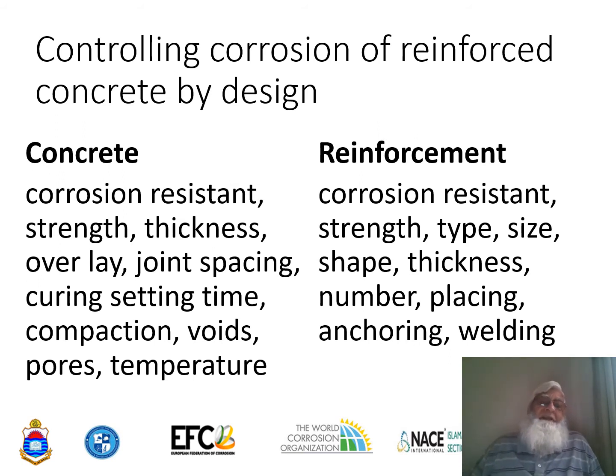Then compaction plays a great role: compacted concrete is stronger, and during compaction the voids, air and pores are removed, so the concrete becomes more compact and stronger. The temperature must be kept where the concrete can cure normally, and the applied temperature needs to be less than 70 degrees centigrade. At 70 degrees, other reactions can take part, which I'll explain later.